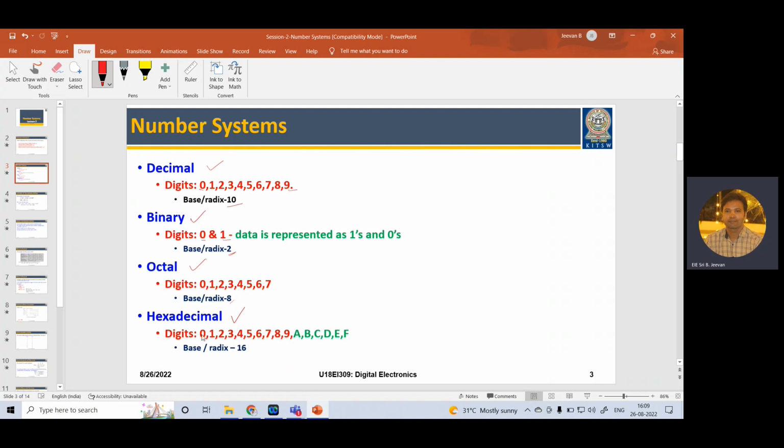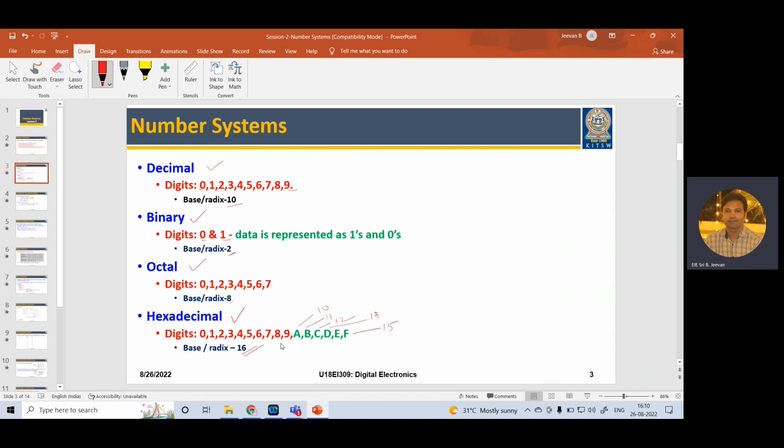In hexadecimal, the range is 0 to 9 and then A to F. A is 10 in decimal, B is 11, C is 12, D is 13, and F means 15 in decimal.